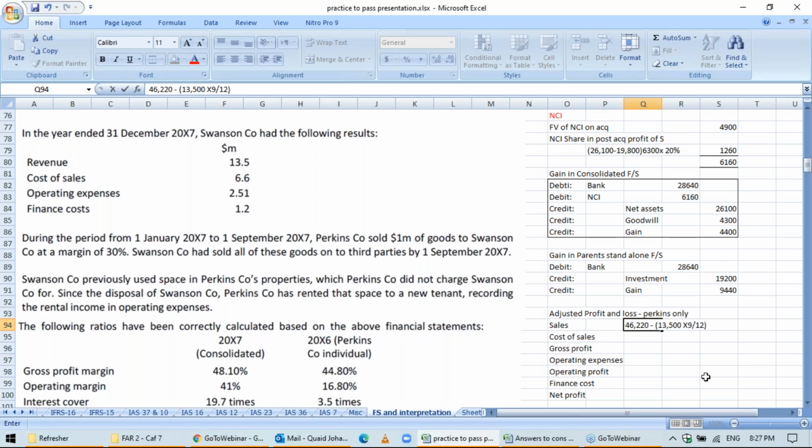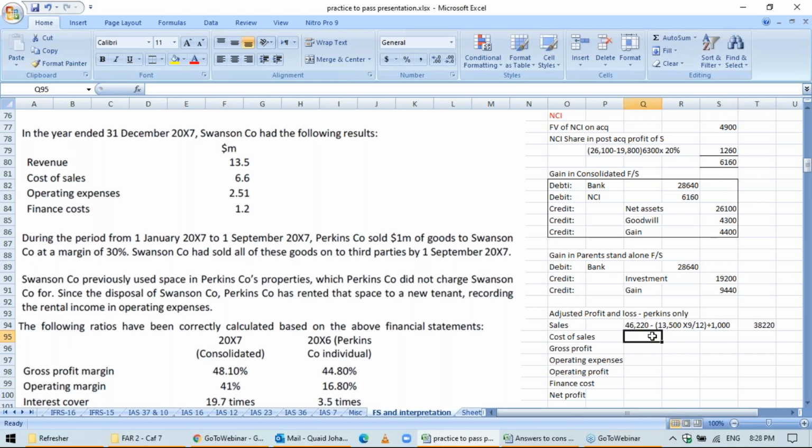And plus, you know that when we consolidate, we remove the intercompany sales. So add that intercompany sales back, which was 1 million intra group sales. So this gives you the separate sales now. The separate sales is $38,220. Now this excludes the subsidiary sales and the consolidation adjustment.